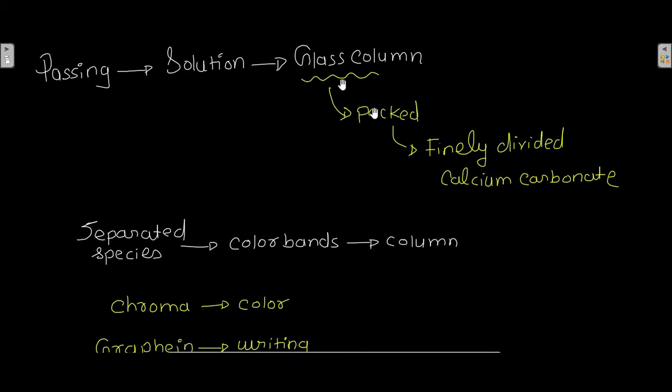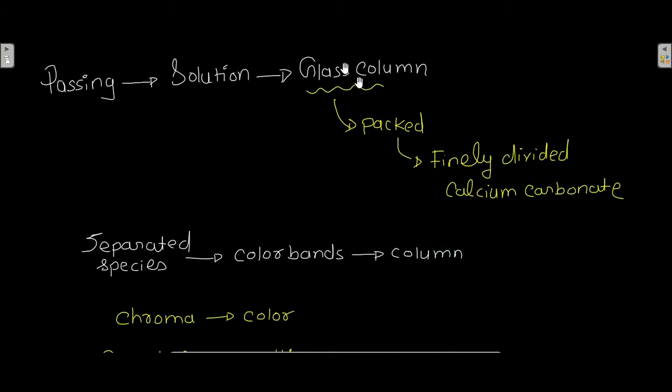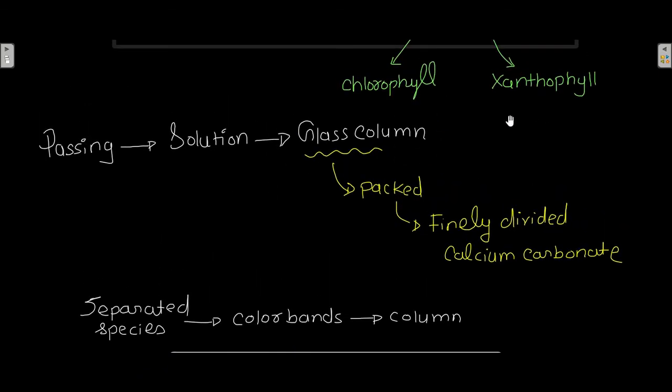After doing this, he observed that separated species appeared as color bands on the column. These color bands represent the chlorophyll and xanthophyll molecules, the different species of the molecules.